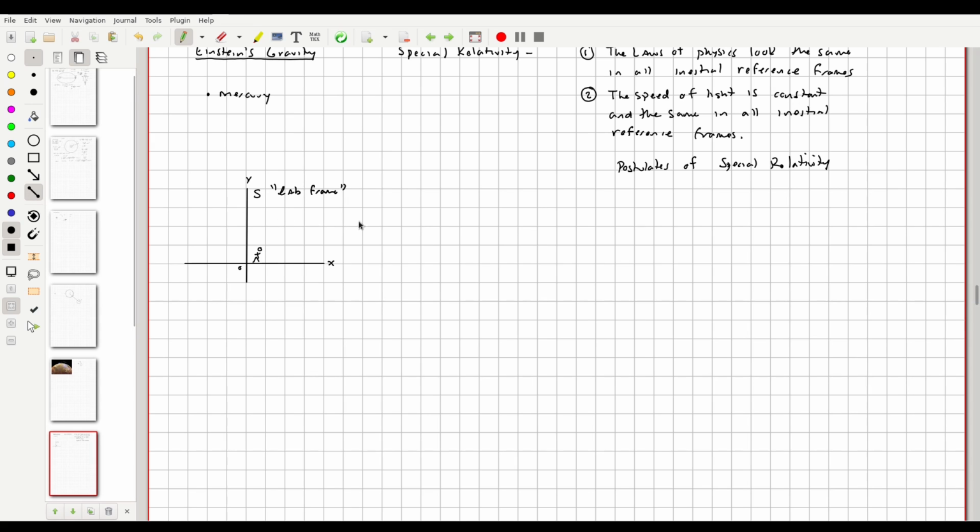And now I want you to imagine somebody over here that goes zinging by them and they're performing an experiment. Now they're moving at a constant speed, so the velocity is constant, straight down the x axis. So their x axes and their y axes line up. I'm just going to differentiate between the two of them by putting a little dash on them, a prime. We usually call this the S prime frame or the moving frame.